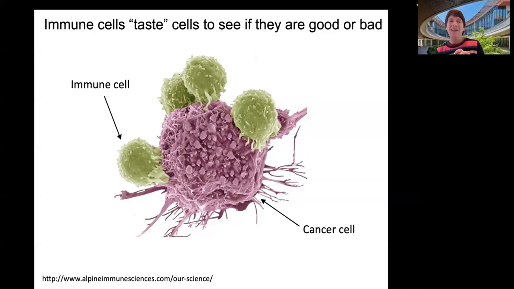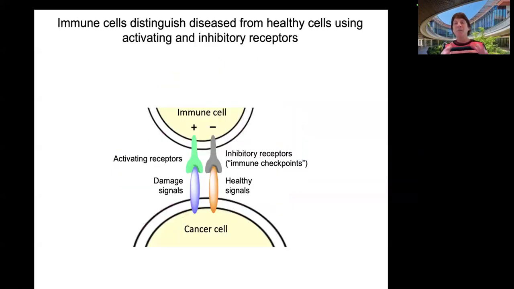But if the immune cell senses that there's a problem with that cell that it's tasting, it will launch an attack. And so if you kind of zoom in on what's happening at the point of contact between the immune cell, so depicted with this sort of half circle, that's landing on the surface of that cancer cell, it turns out it's complicated.